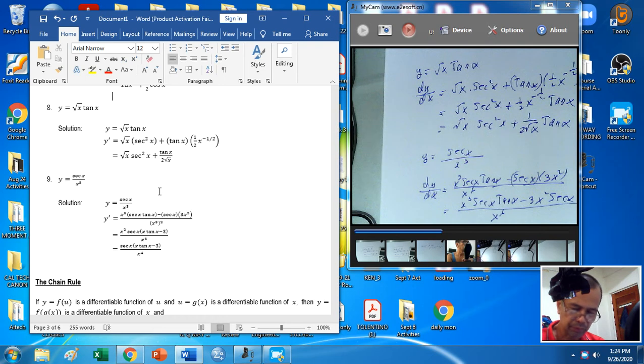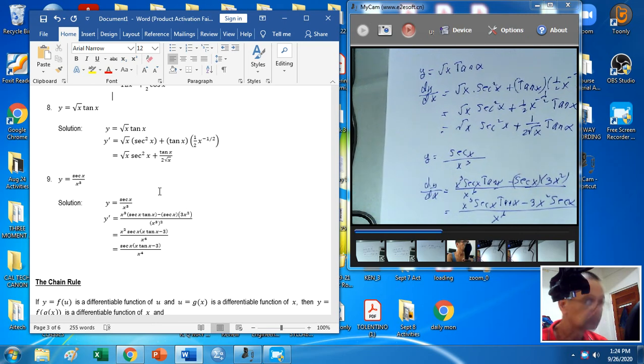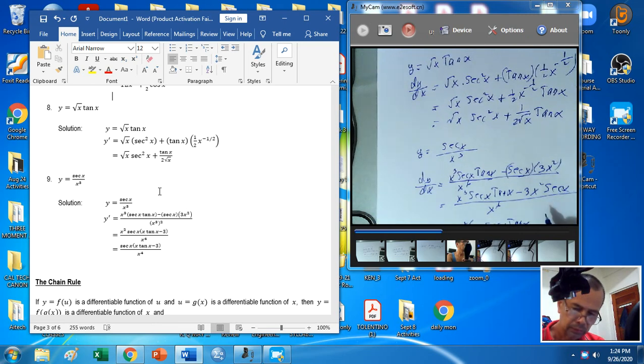And maybe you can simplify this. Okay, you divide, you can factor x squared. So you have x secant x tangent x. Of course, you can factor still secant x.